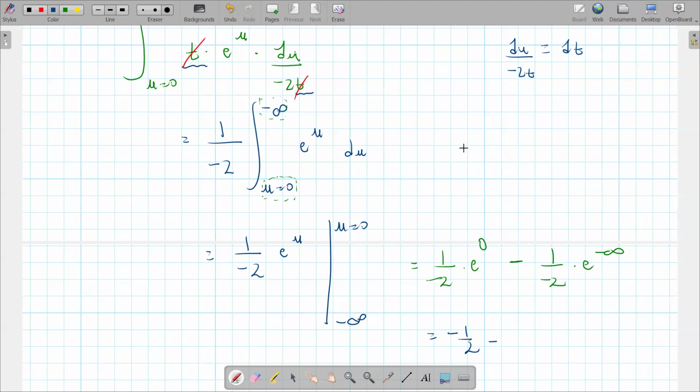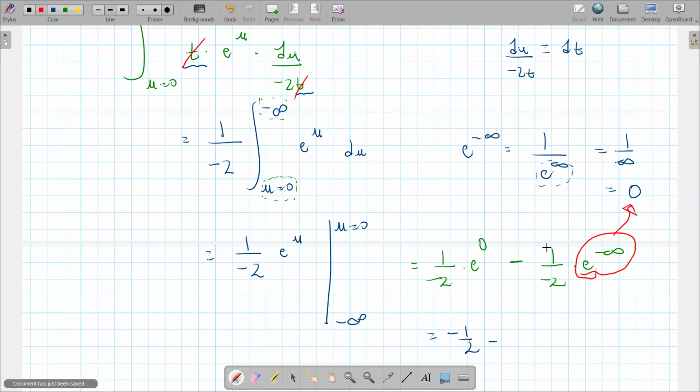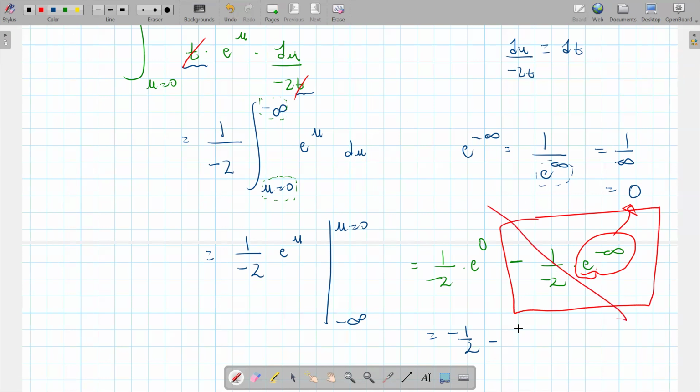Now, e to the power of negative infinity, we talked about this before. That is the same thing as 1 over e power infinity, and e power infinity is a very large number, so it's 1 over infinity. So the entire thing is a 0, and that's going to be your final answer.